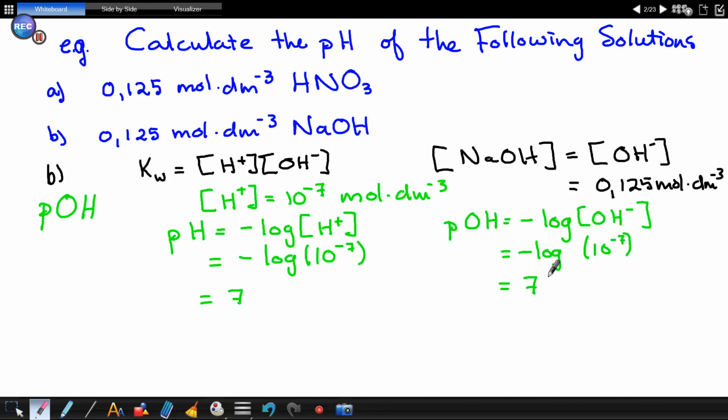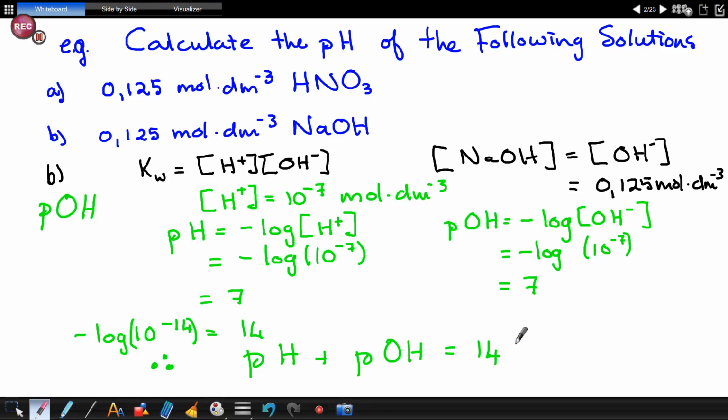So when you have only water, the pH and the pOH are equal. Okay, what is negative log of 10 to the minus 14? 14. So can I say therefore that the pH and the pOH add up to 14? Yes.